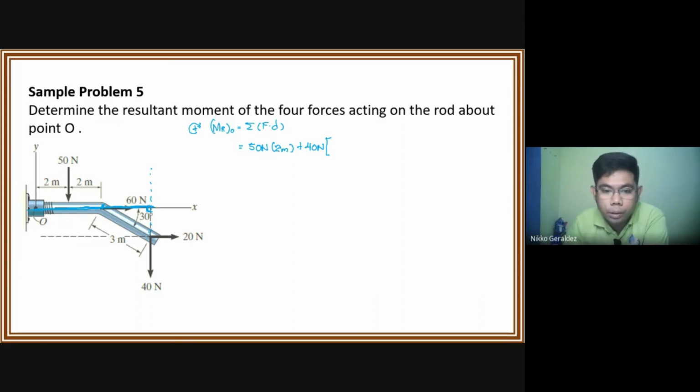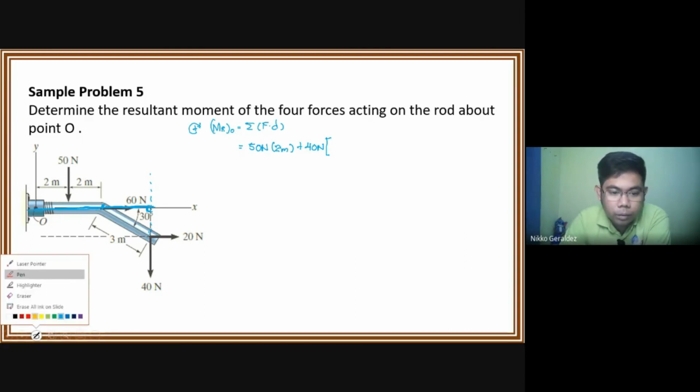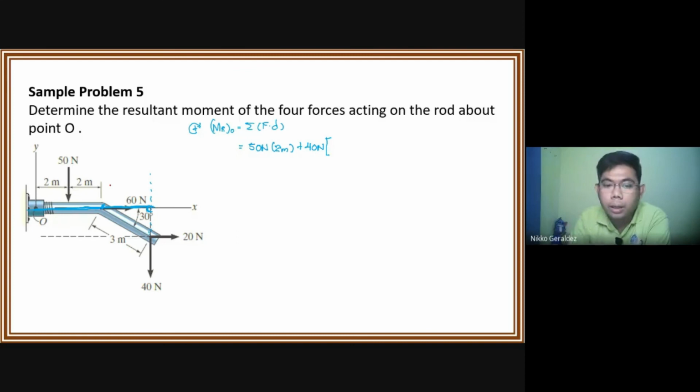Let's look at the figure again. From the figure, we see a right triangle. The hypotenuse, the inclined portion, is 3 meters, and we have an angle of 30 degrees, with a horizontal distance and a vertical distance. Let's isolate the right triangle. This is the angle, 30 degrees, and the hypotenuse, 3 meters.